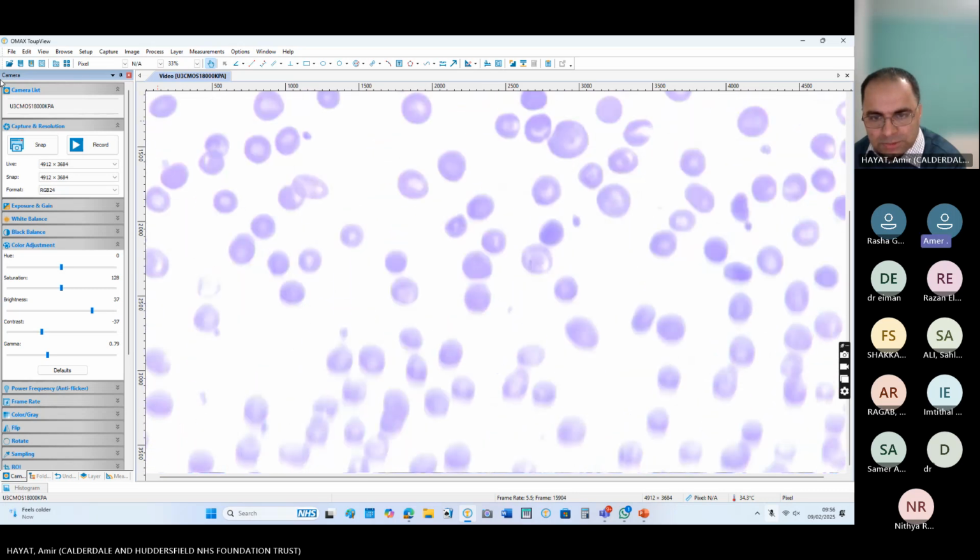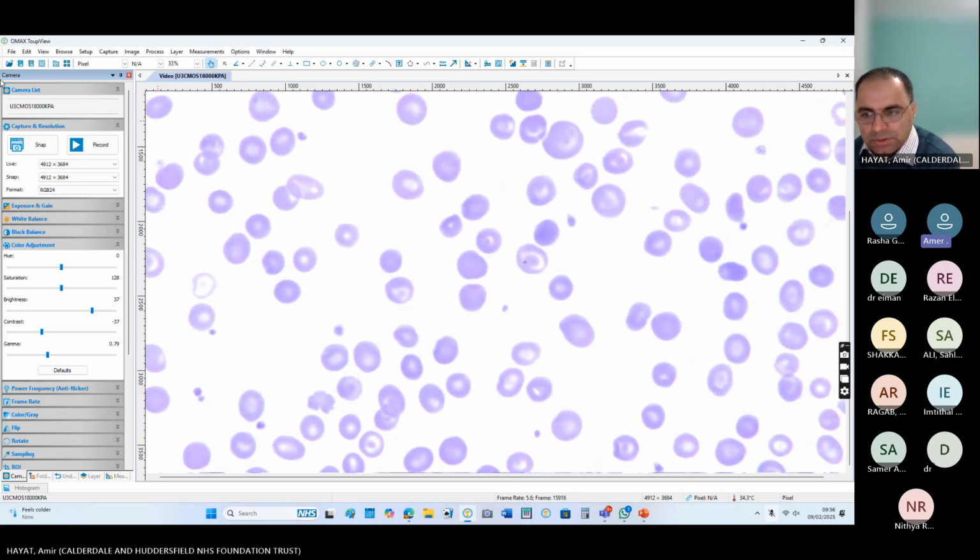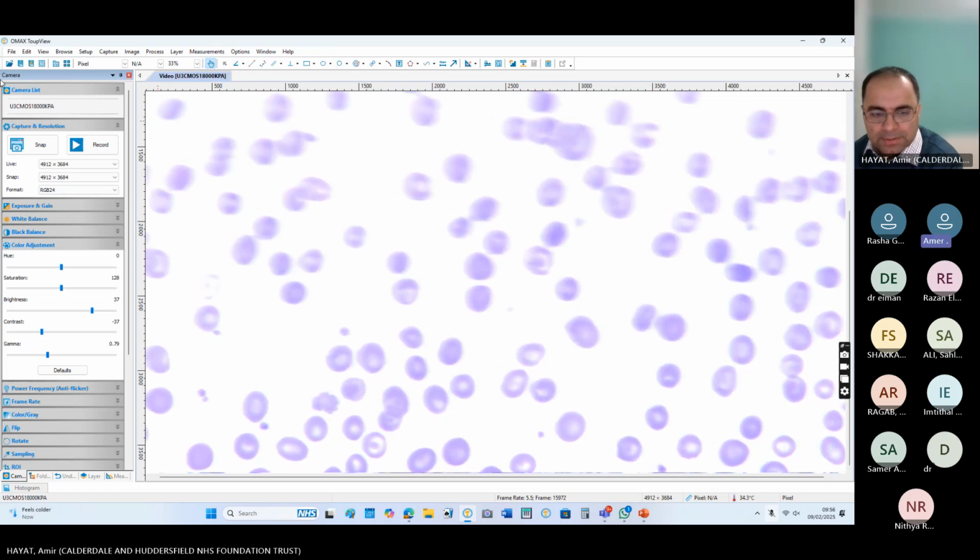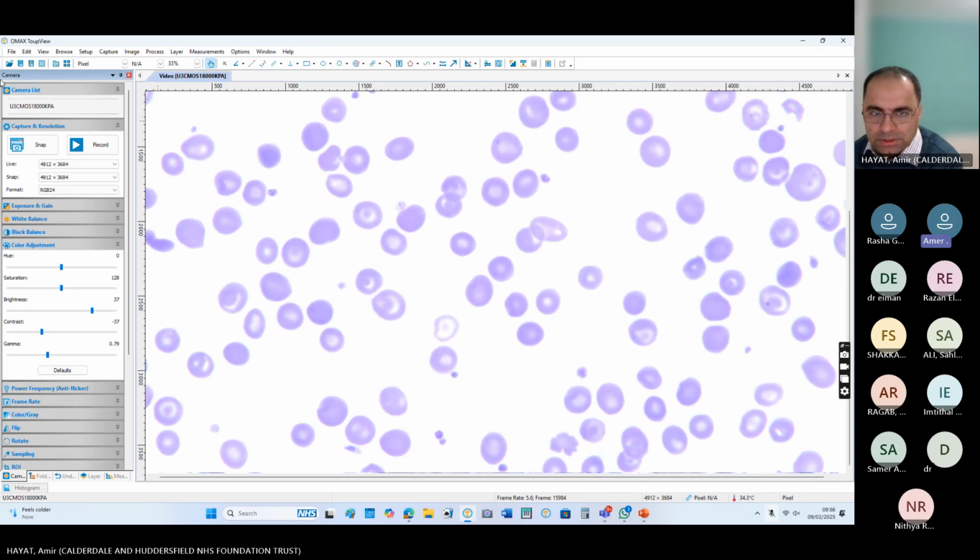This patient has a history of abdominal surgery because of splenic laceration and splenectomy. That's why we are seeing a lot of Howell-Jolly bodies in this blood film, thrombocytosis, target cells.